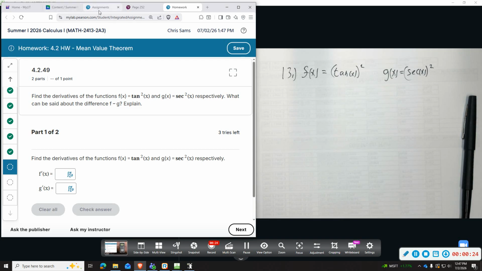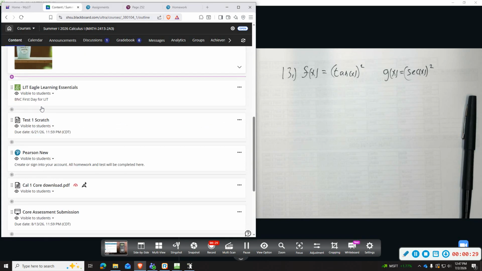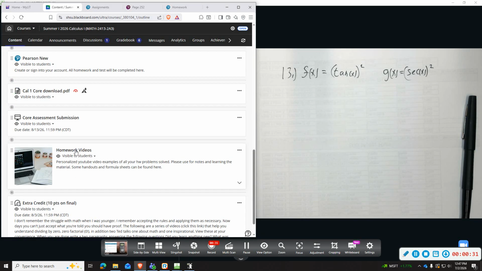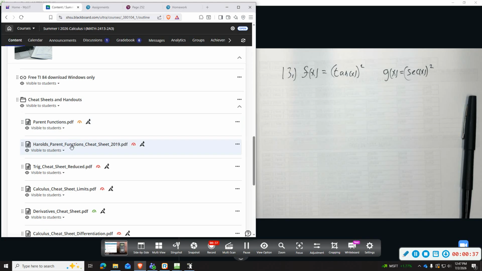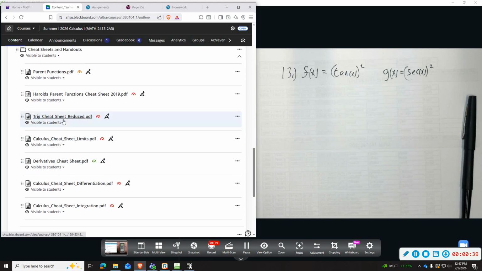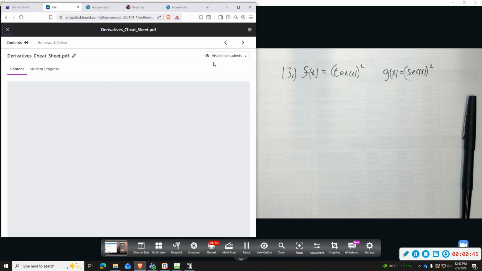I'm going to refer to our course and our trig cheat sheet to get the derivatives of secant and tangent. Derivative sheet, this will be okay.